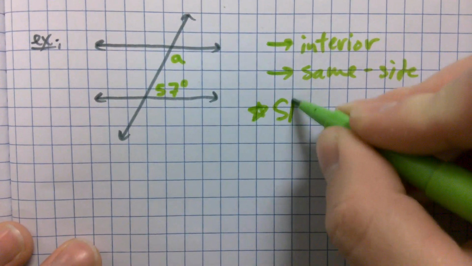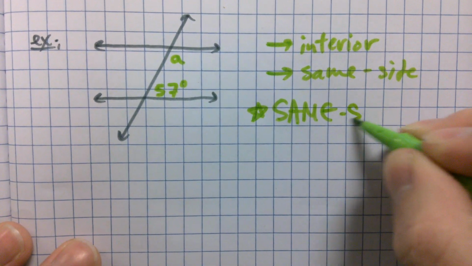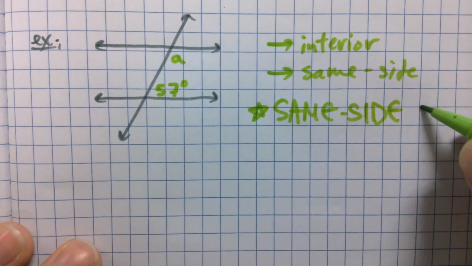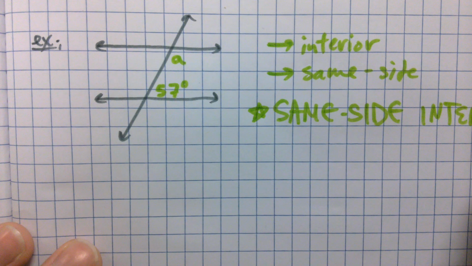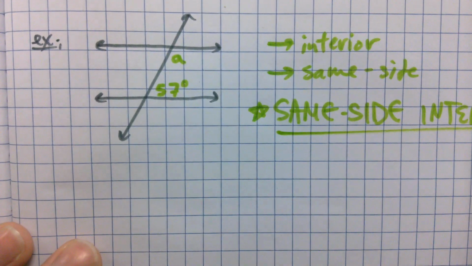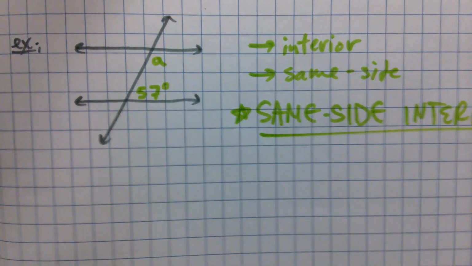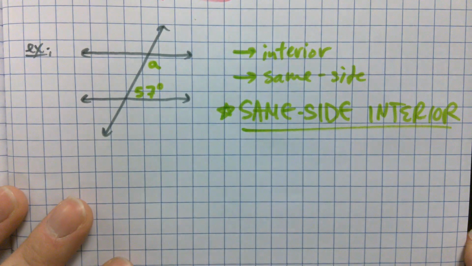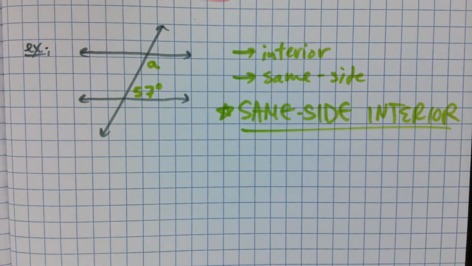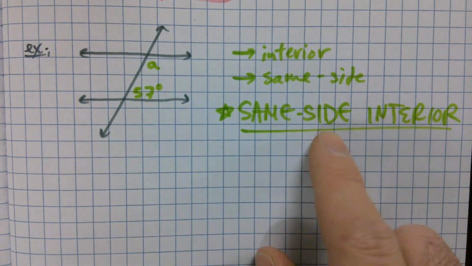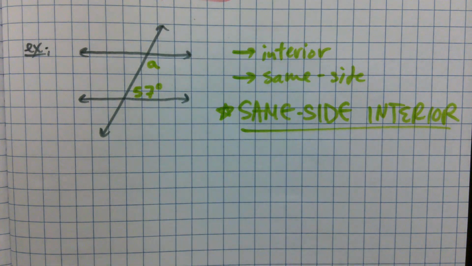Same side, interior. That one is a much easier name, hopefully, to remember. They're on the interior of the parallel lines. They're on the same side of the transversal. Same side, interior.